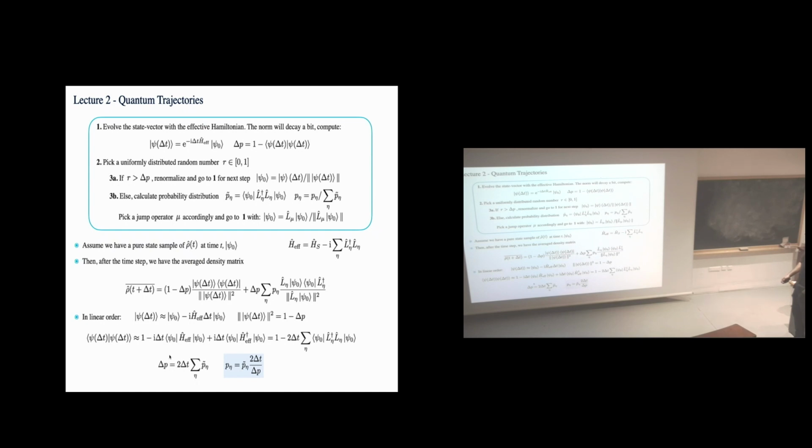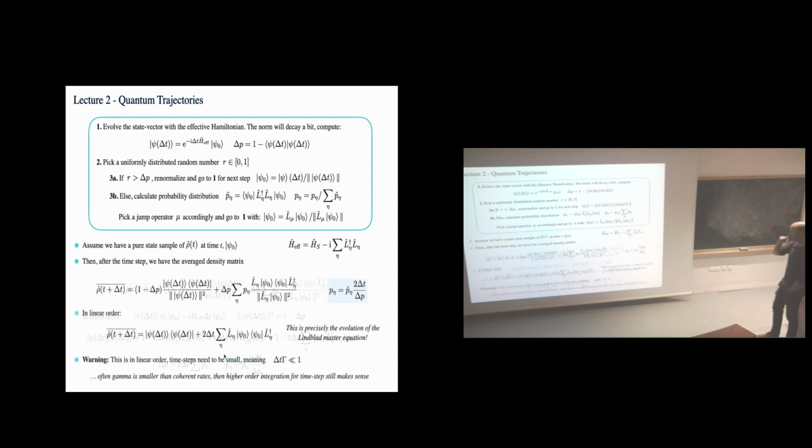So on the other hand, resolving this means that I can write my normalized probability for this value eta as p eta tilde times twice the time step delta t divided by delta p. This is just a very simple identity that is going to be true when applying this algorithm, if I assume just a linear order in this evolution.